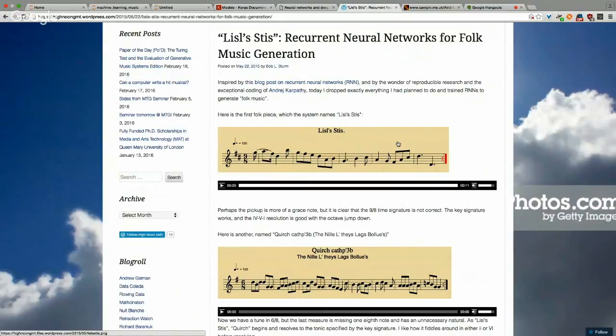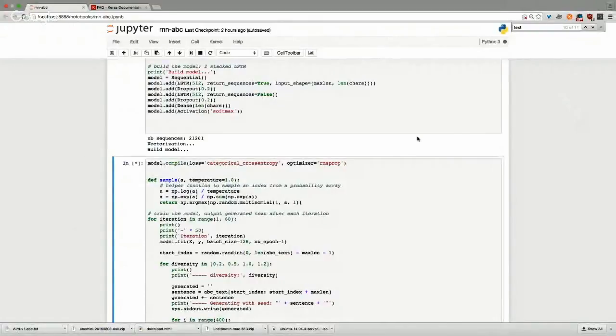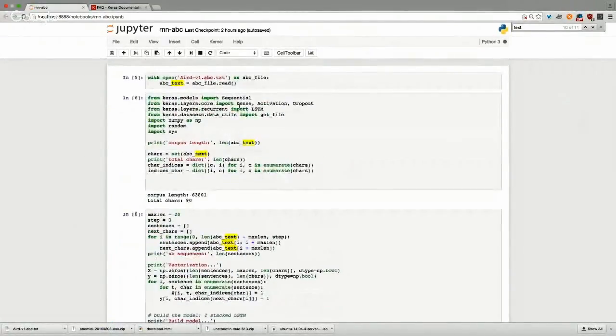On the other hand, a not so great success was what I've been trying to do over here, where earlier I set up a character-based recurrent neural net using Keras, which they've got examples of. I just said, oh yeah, that's the example. And I tried to get my super secret source of ABC notation of music that may or may not be Irish folk music, just for myself, just because I was curious.